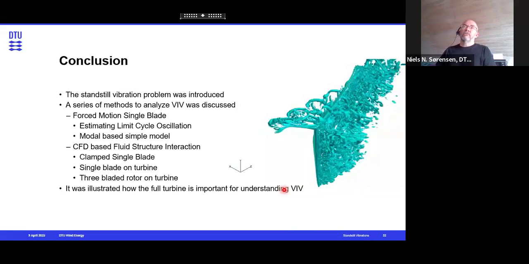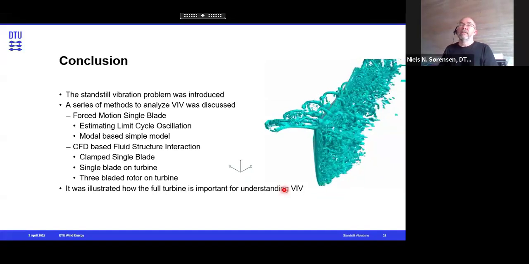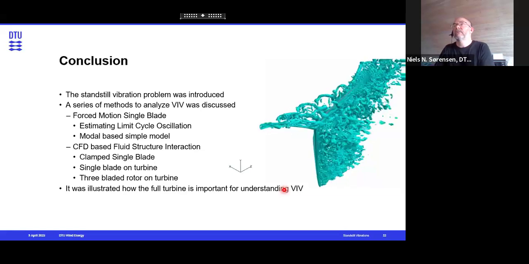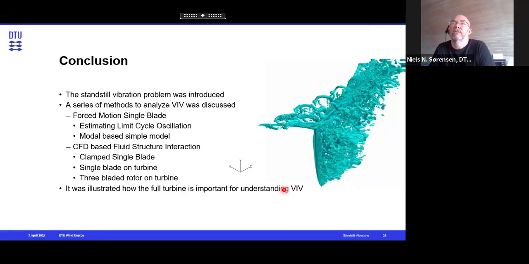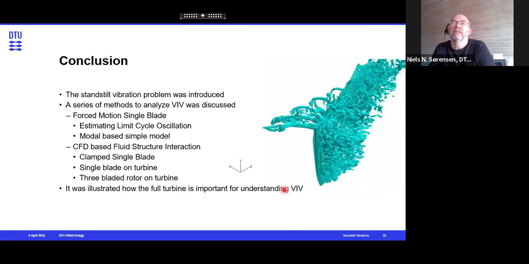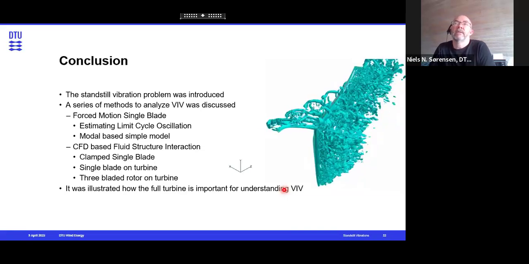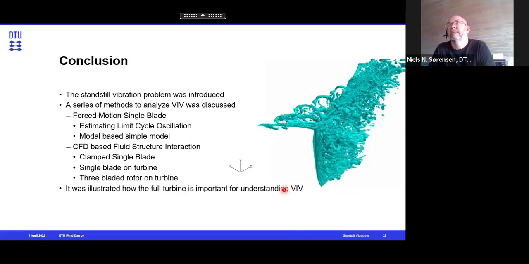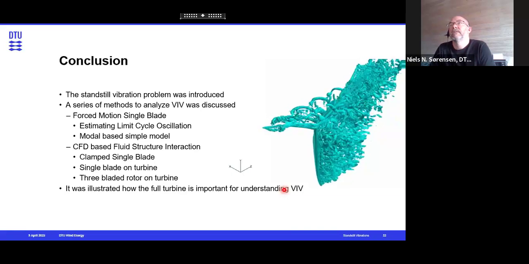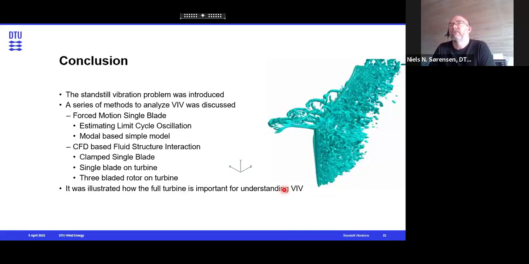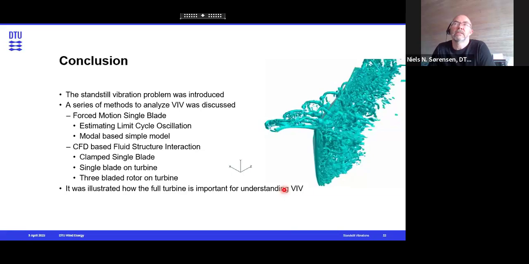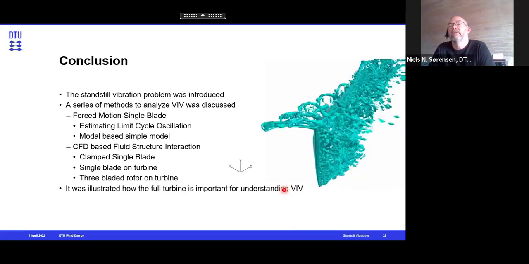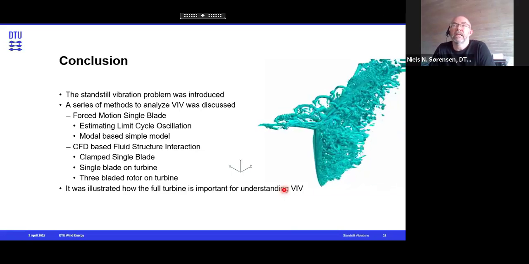Yes, and to the conclusions, I've tried to introduce some of the findings we have seen in our PRESTIGE project around standstill vibrations. I've described in very rough detail the approaches we have used, the forced motion single blade approach and the full coupled FSI.